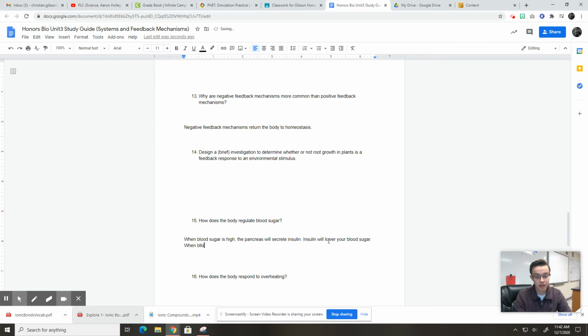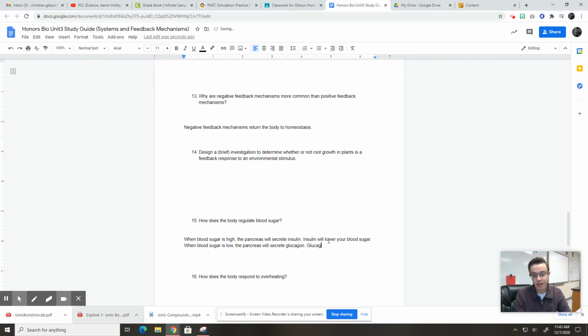When blood sugar is low, the pancreas will secrete insulin's evil twin. And it's not really evil. It actually doesn't get as much recognition as it deserves. Insulin is always the famous one, but the pancreas will also secrete glucagon, who's just as important as your insulin.